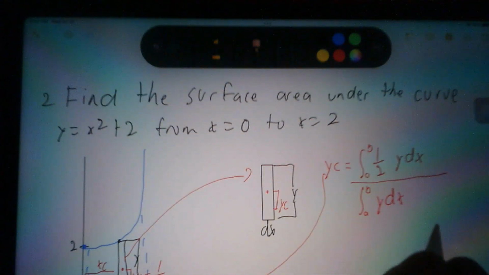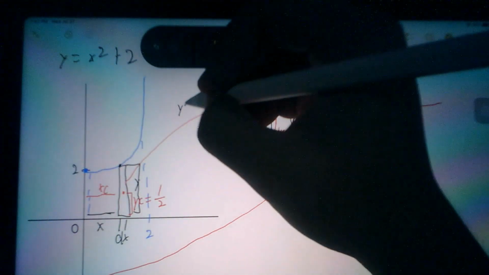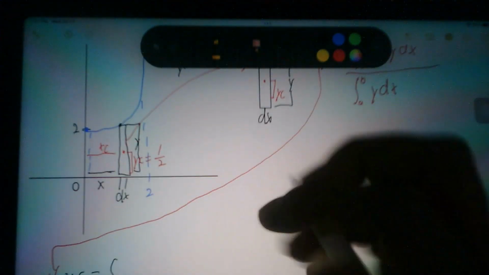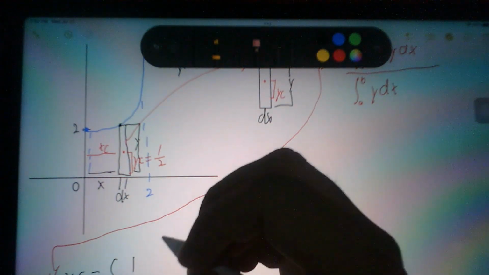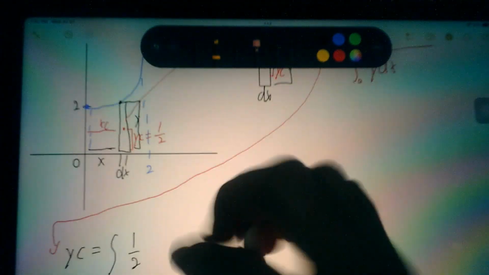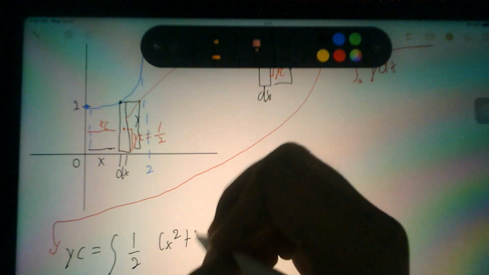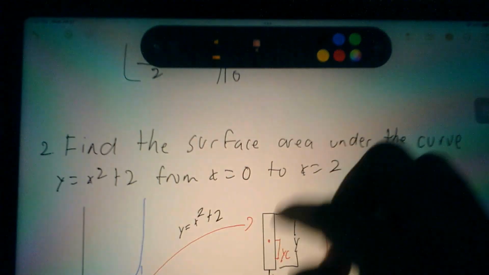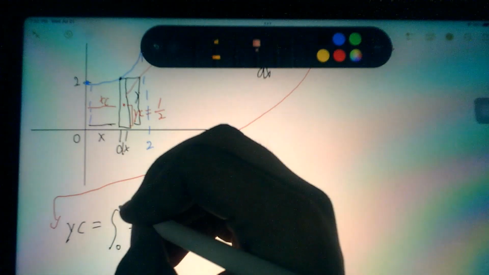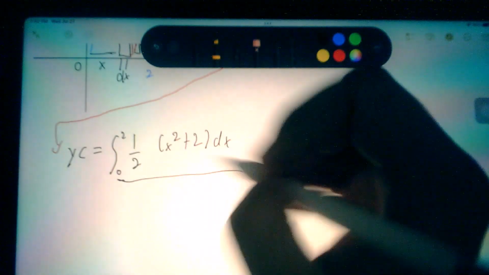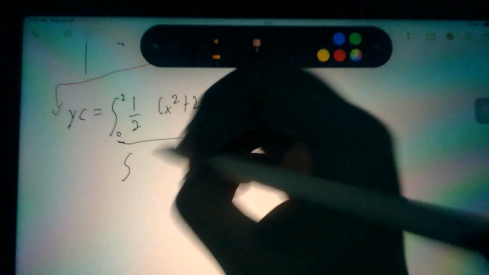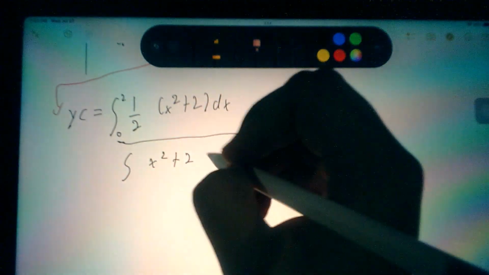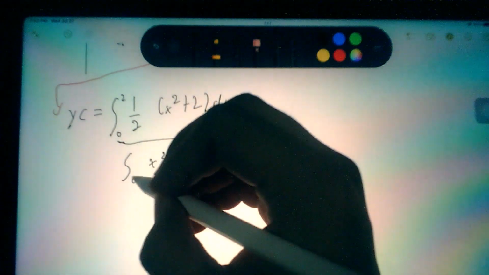Y here is x squared plus 2. So the integral of 1/2 times x squared plus 2 dx from limits 0 to 2, over the integral of y dx, which is x squared plus 2 dx, also from limits 0 to 2.